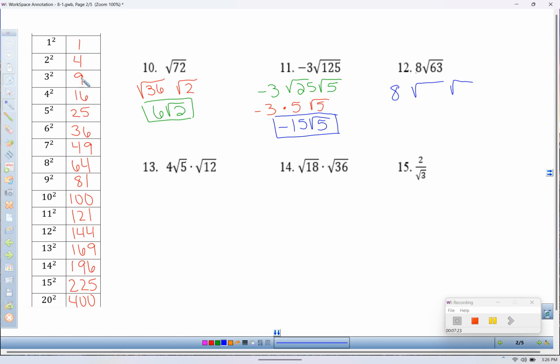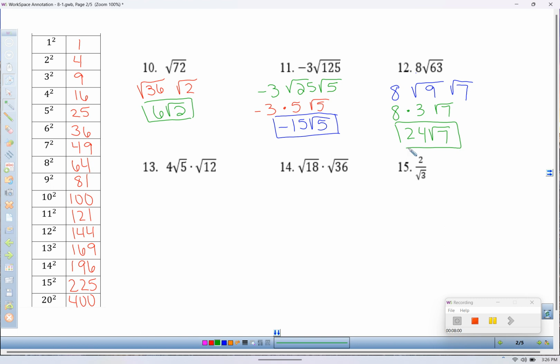I will eventually get to 9, and I find out that 9 goes into 63 7 times. Okay, so once again, my 8 comes down for the ride. The square root of 9 is 3, and I cannot reduce the radical 7 anymore. Okay, so 8 times 3 is 24, and then radical 7 just comes down.